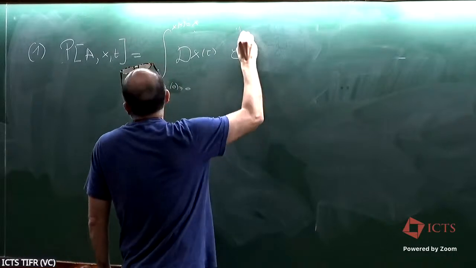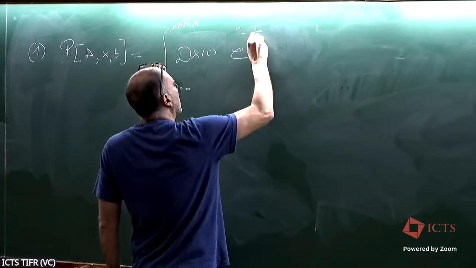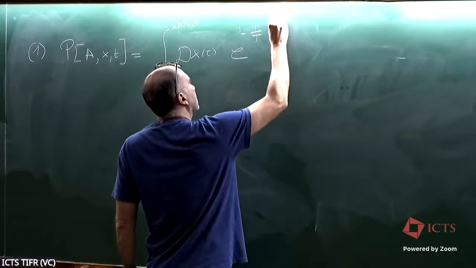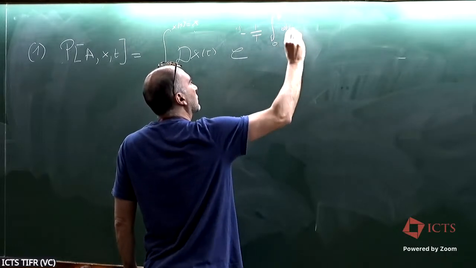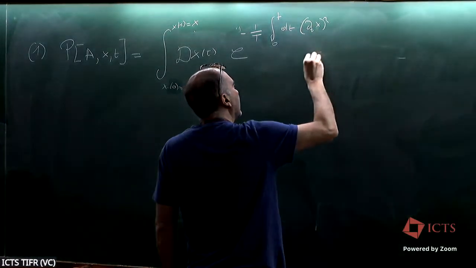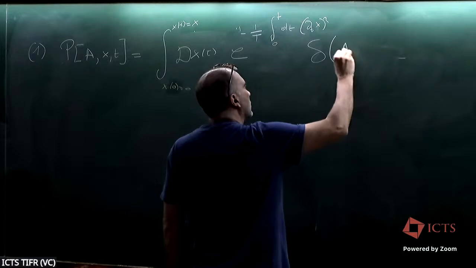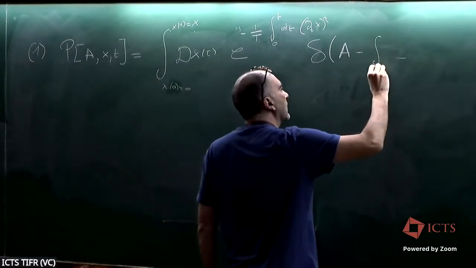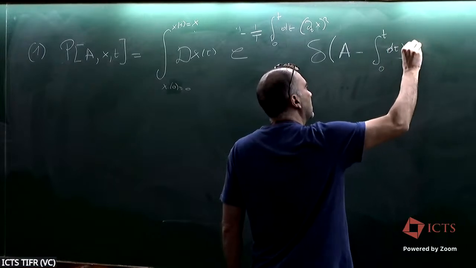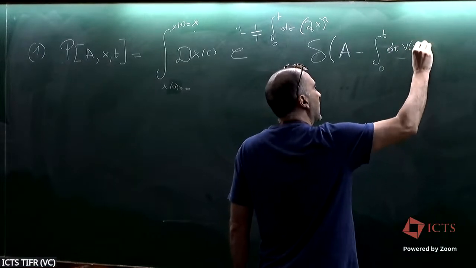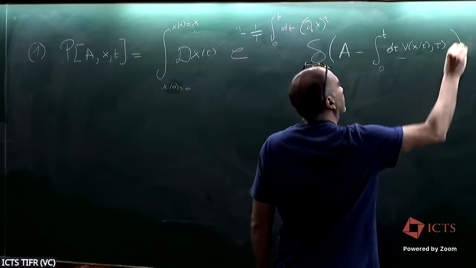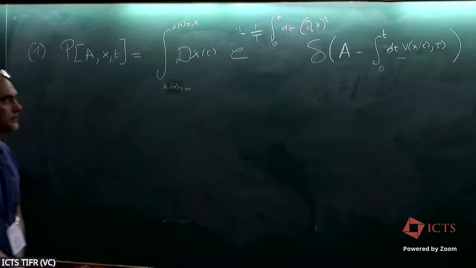So here I have just the first part, minus 1 over t integral 0 to t d tau x square. And here I put a delta function, a minus the integral 0 to t d tau V(x(tau)). Okay?